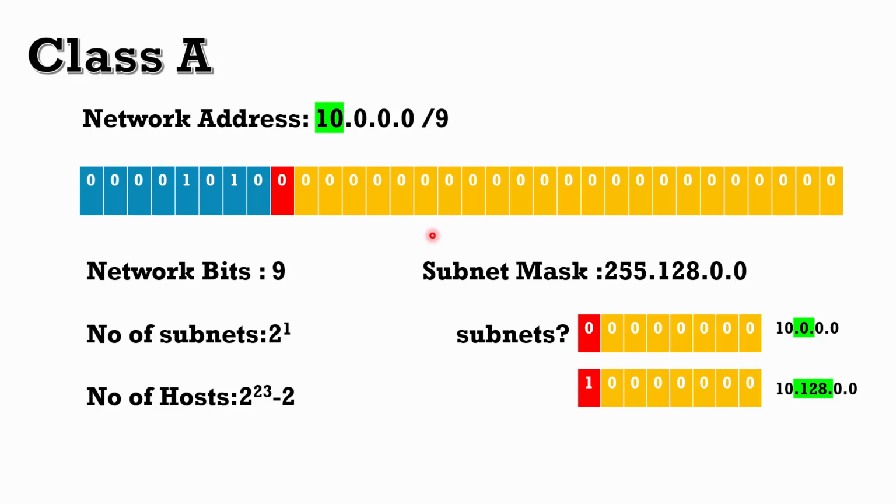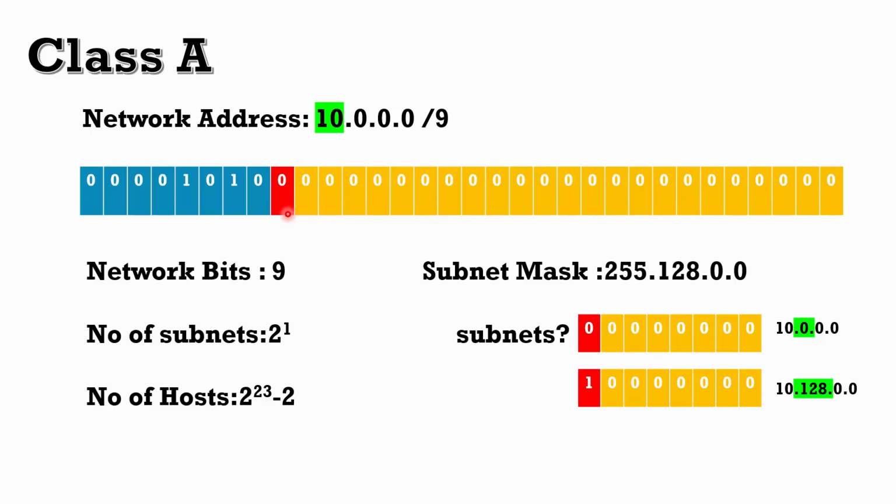So we know that when we write dotted decimal notation, we have to consider 8 bits at a time and then take its decimal value. So if we take the first 8 bits, when we have ones for all 8 bits, the value is 255. And when we take the second octet, that means the second 8 bits, here I can have another value.